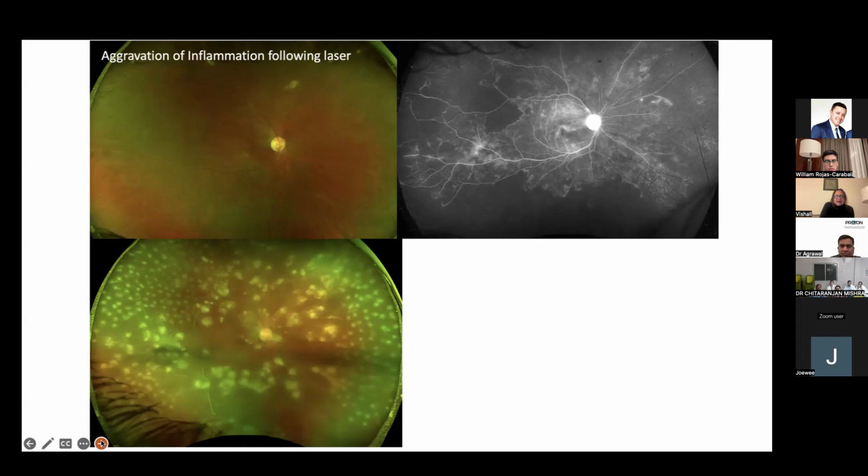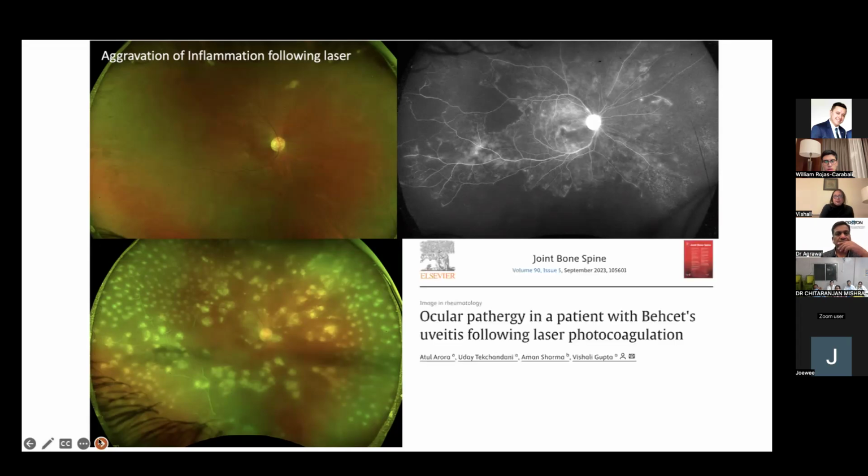And the next day after laser, I was like, oh, wow, what has happened? So you can see there are laser scars which are white, which are whiter than usual. I would not have done such intense laser. My fellow did. But besides those laser scars, you can also see retinitis lesions which have now appeared all over.